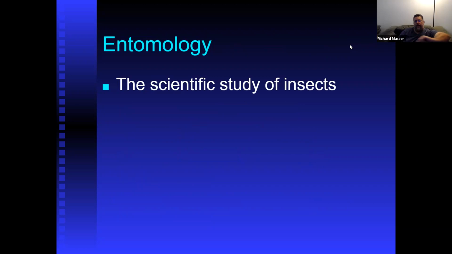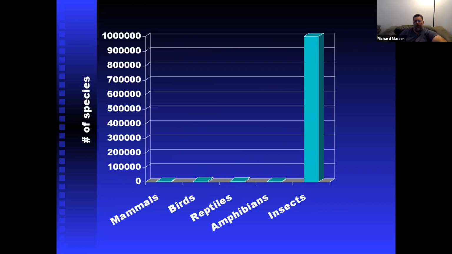So entomology is, as you can imagine, ology for this all the time. If you take biology and things like that, ology is the study of, and so in this case, entomology is the scientific study of insects. And as I mentioned before, insects are among the most prolific and most successful group of animals on Earth.